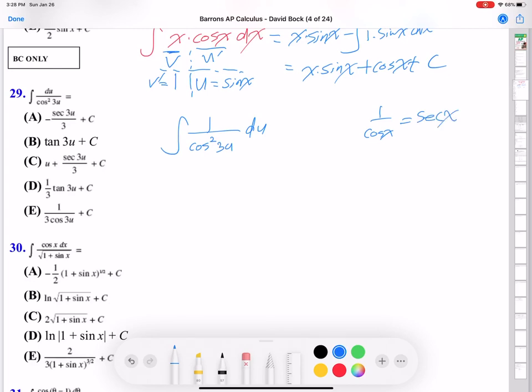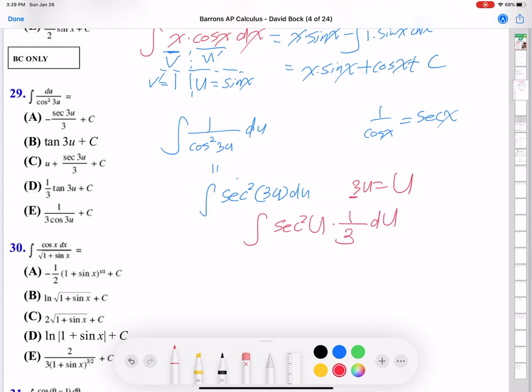Secant x. So I'll change that. Integral secant squared 3u du. That makes sense, right? And then the 3u part is large U, kind of. Then instead of secant squared, large U, and change small du to 1 over 3 d large U.